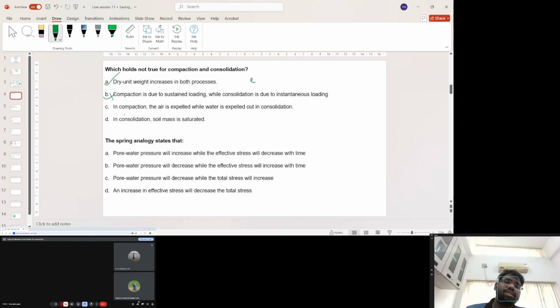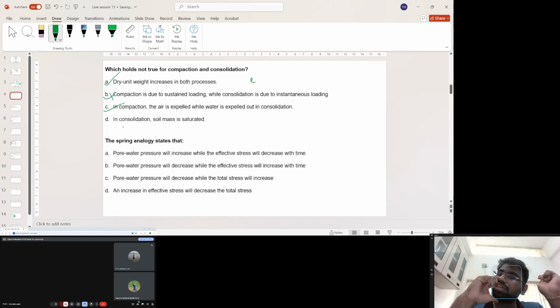Third option: in compaction, the air is expelled while water is expelled out in consolidation. This is also obviously true from the basic definitions of compaction and consolidation. And option D, in consolidation, soil mass is saturated.